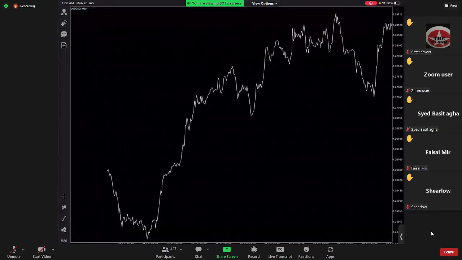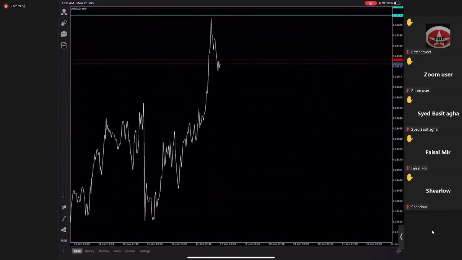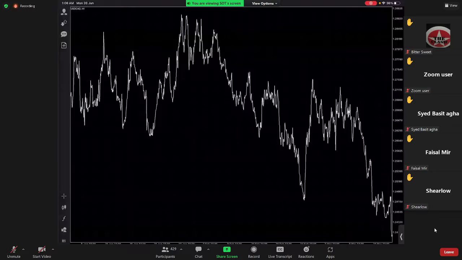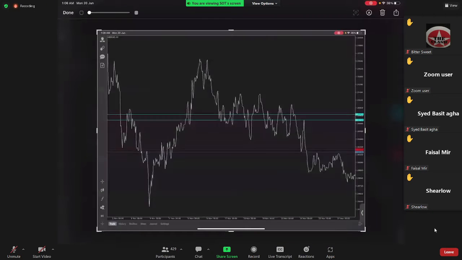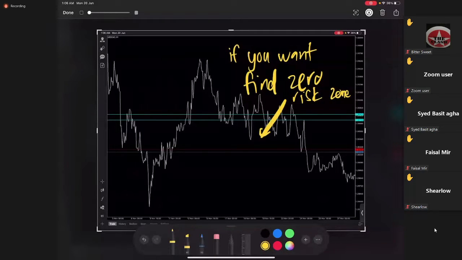Find this zone until M5 if you want. Find zero risk zone. Just precise time frame until lower, until last.